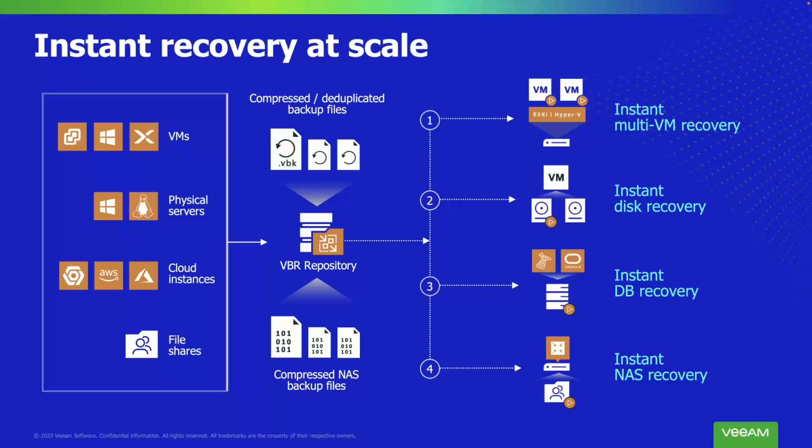We also have instant disk recovery, which we seldom talk about. What this means is, for example, you have a file server virtual machine running C, D and E drives. Take, for example, the E drive gets corrupted, and you want to perform a recovery of that file server.